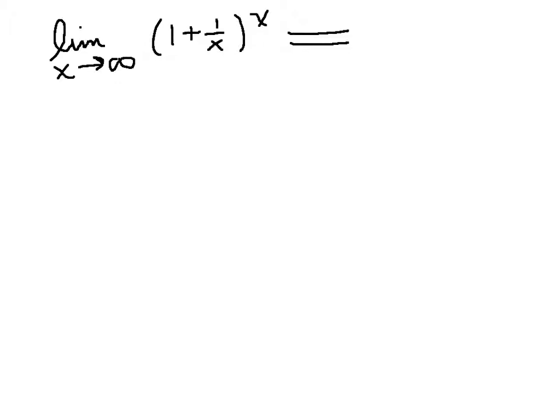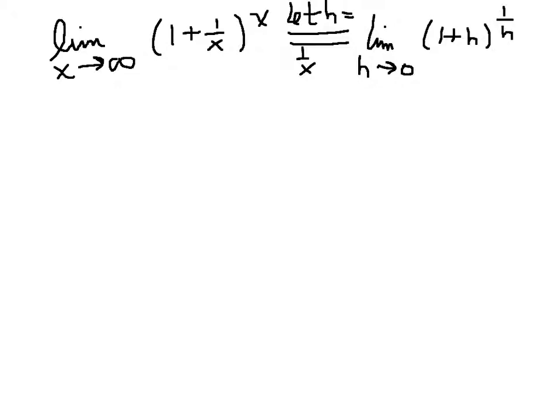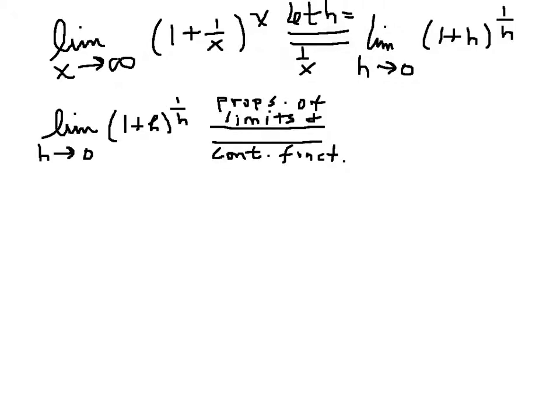Well, we use the same trick, and we say, let's let h equal 1 over x. And so this becomes the limit as h goes to 0 of 1 plus h to the 1 over h. Now, it doesn't seem like that's helped us a lot, but watch what we can do now. So this trick is a little bit beyond the scope of this course. It's a fact that you'll learn when you take a course in college called real analysis.